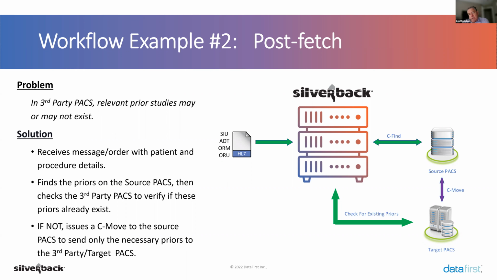So in the prior cases, we were actually moving the exams through the Silverback engine, meaning the files were actually moving. In this case, we're just sending a C-MOVE request to the source PACS system to tell it to move those relevant priors down to that viewing solution. Again, at this point, we've already checked. We know that they don't exist there, so we're not going to send in duplicates.